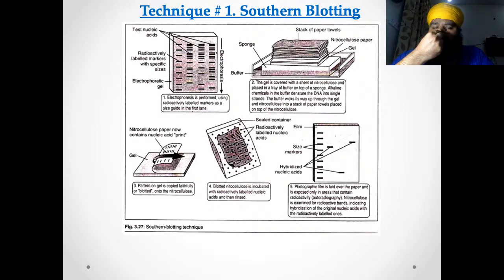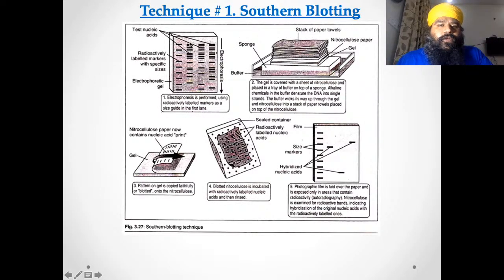In this procedure, once you run your gel electrophoresis with your DNA sample, your nucleic acid will show various bands, and we have radiolabeled markers for specific sizes, and this is your electrophoretic gel.